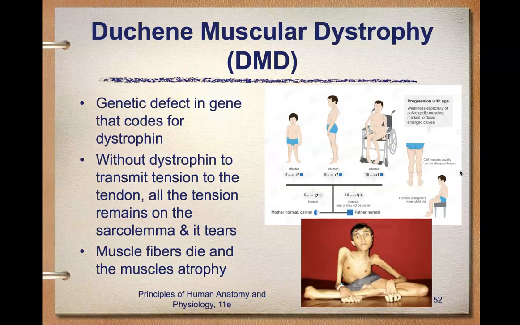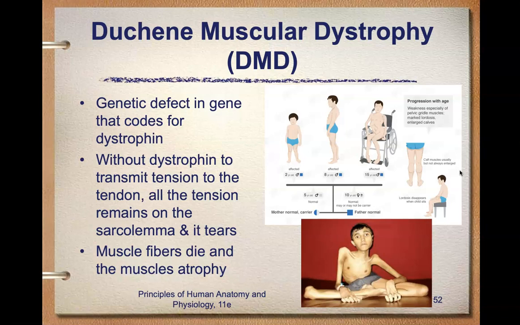This genetic defect in the gene that codes for dystrophin causes all kinds of issues, because without the dystrophin, there's no protein to transmit that tension to the tendons. And so all of that tension gets put on the sarcolemma, and it ends up causing tears in the sarcolemma. As you can imagine, these are tears in the cell membrane. Anytime you have tears or holes forming in the cell membrane, that's really bad, because it can let things like calcium out of the cell.